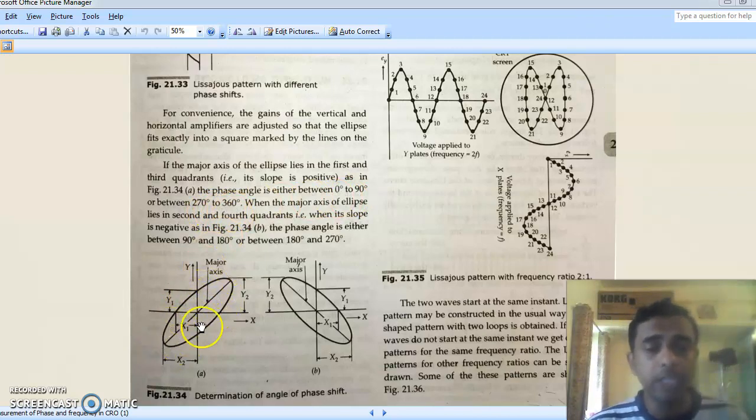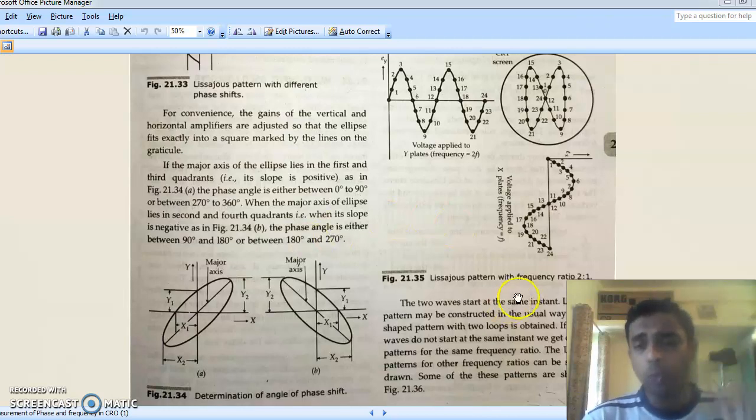When the major axis of the ellipse lies in the second and fourth quadrant, that is, when slope is negative, the phase angle is either between 90 and 180 degrees or between 180 and 270. So from here itself you can get an idea of the phase difference between the two signals.